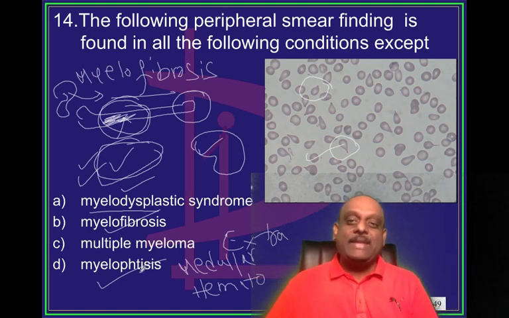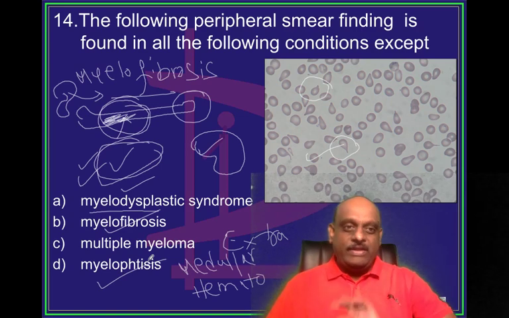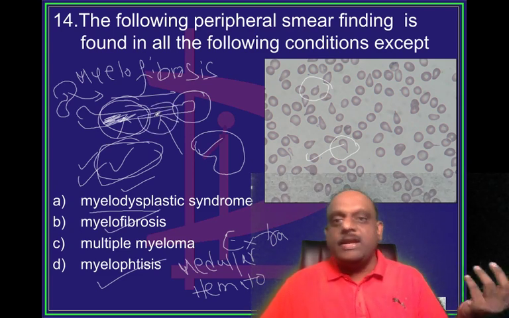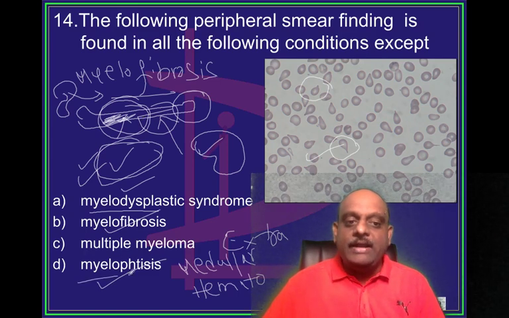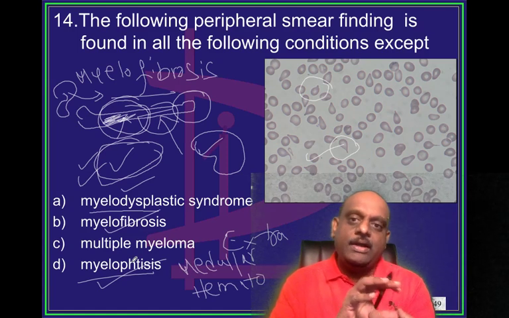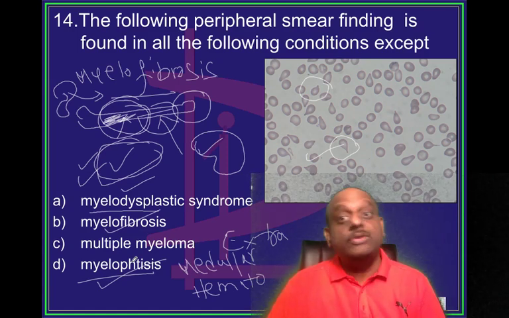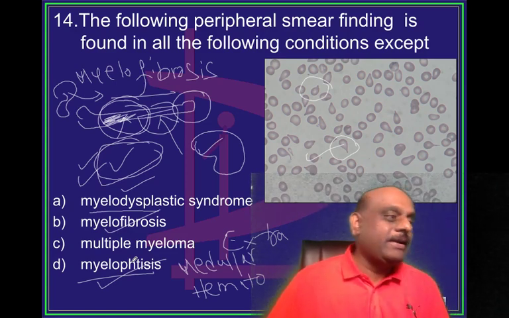What does myelophthisis mean? There are metastases happening into the bone marrow. When the bone marrow is flooded with a lot of metastasis, then the bone marrow is not having any ability to do erythropoiesis. So that kind of an anemia, which is due to the metastasis destroying the erythropoietic tissue, is called as myelophthisic anemia, is what you have to basically remember.